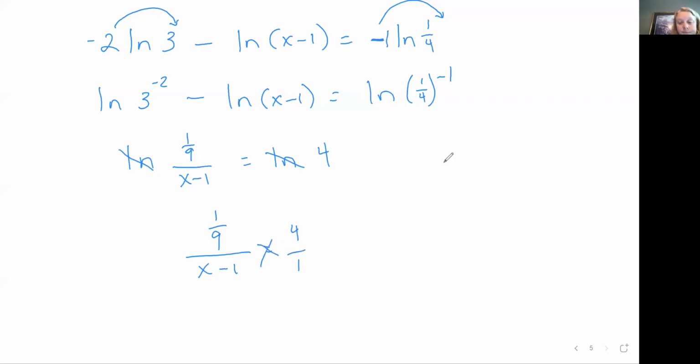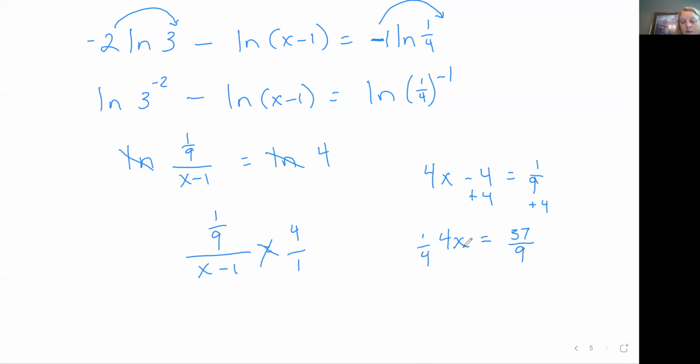Cross multiply. Add 4. 4 and 1/9 is 37 ninths.